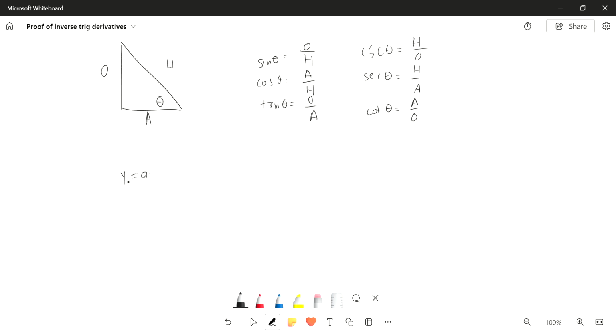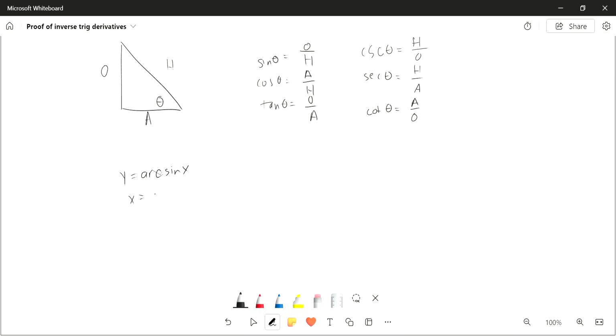So we have y is equal to arc sine x. That means x is equal to sine y. Now if we differentiate both sides, when we differentiate x with respect to x, we get 1.